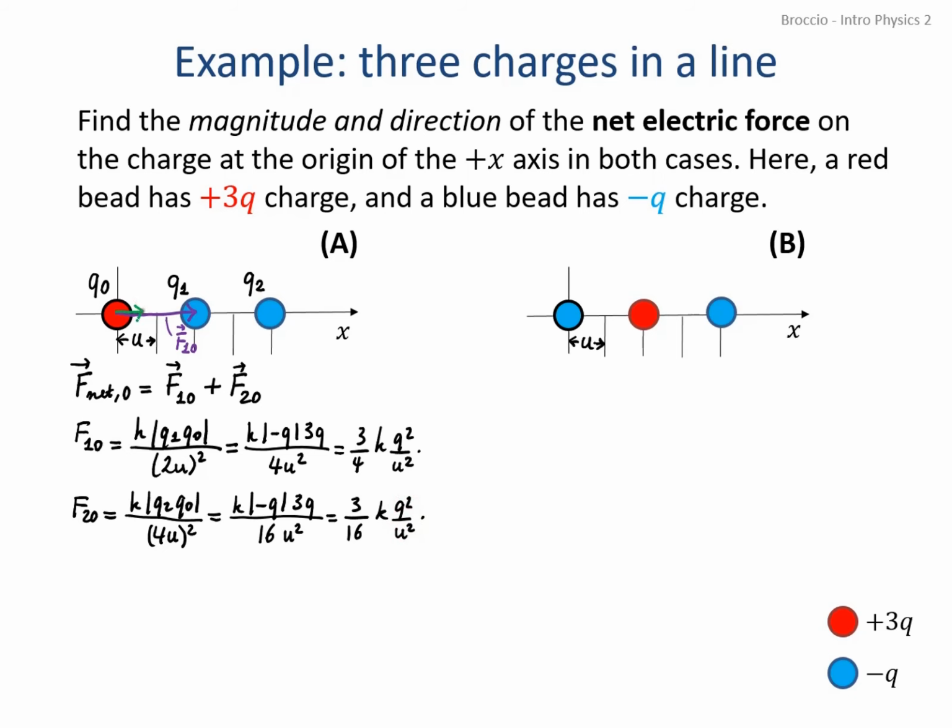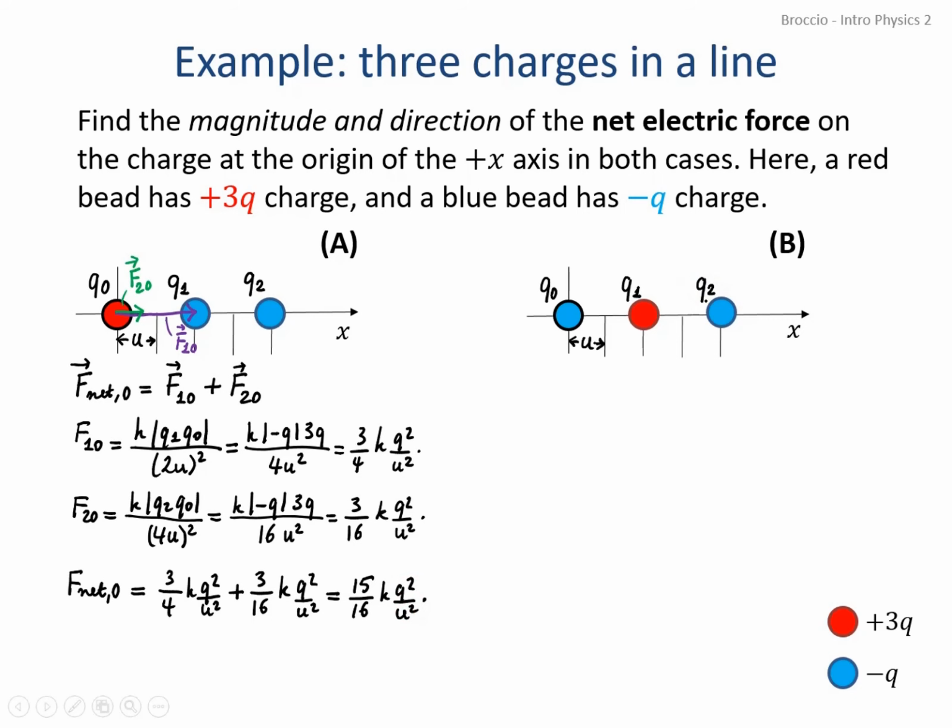Let's draw the vector F20. Both F10 and F20 point in the same direction, so F net 0 is equal to 3/4 k q squared over u squared plus 3/16 k q squared over u squared. That is 15/16 k q squared over u squared.